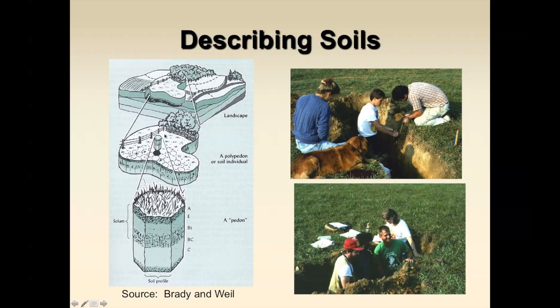This is a part of the landscape that is similar, and where we would expect the soil to be similar. That might be an area of 2 to 3 acres to maybe 20 acres in this part of the world.